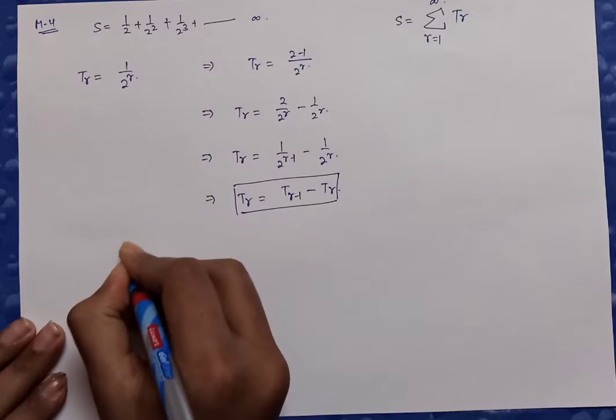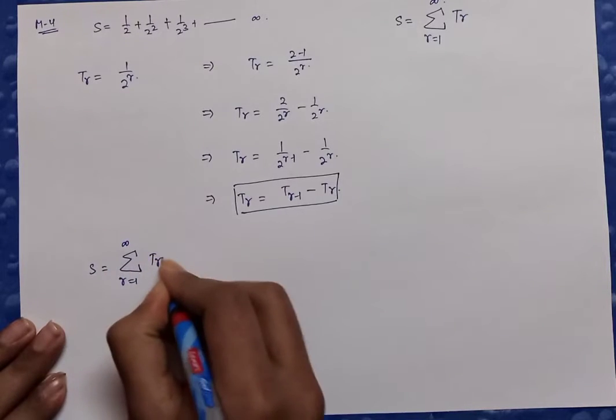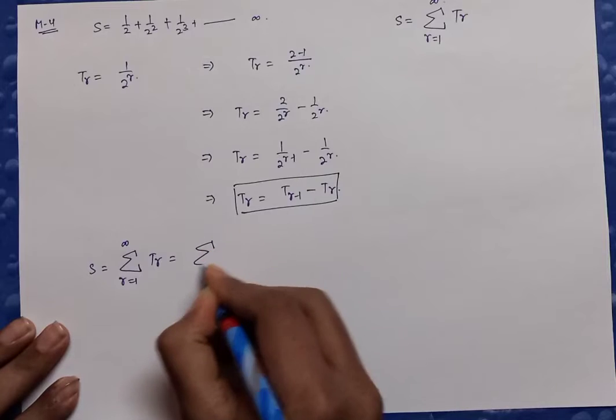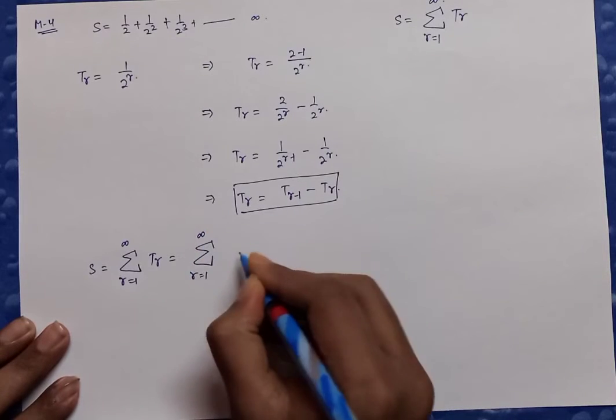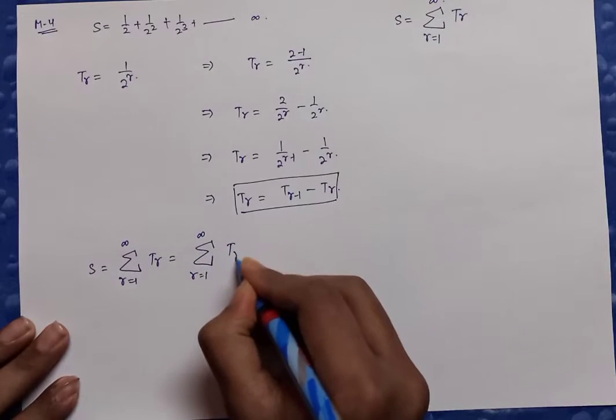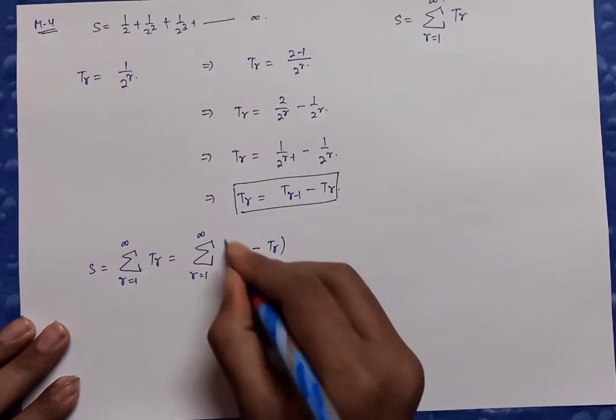Summation of r equals 1 till infinity of T_r equals summation of r equals 1 till infinity of T_(r-1) minus T_r.